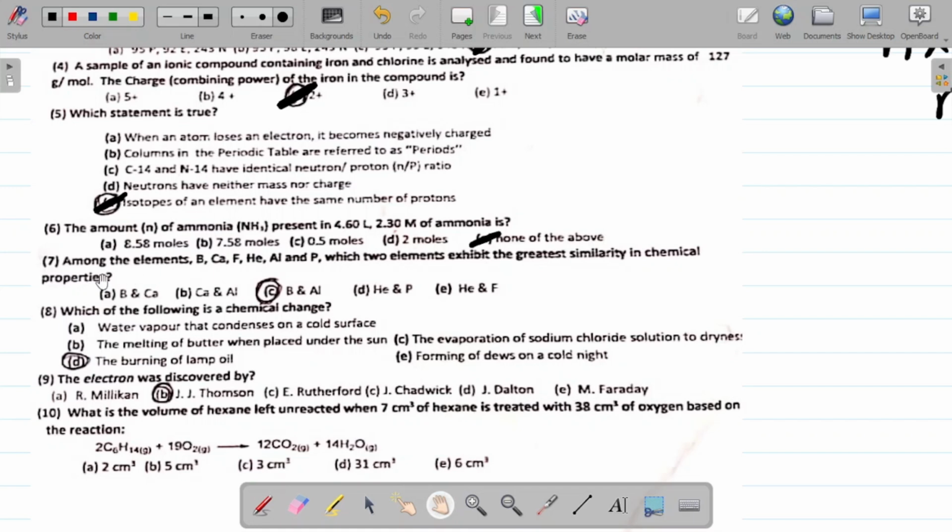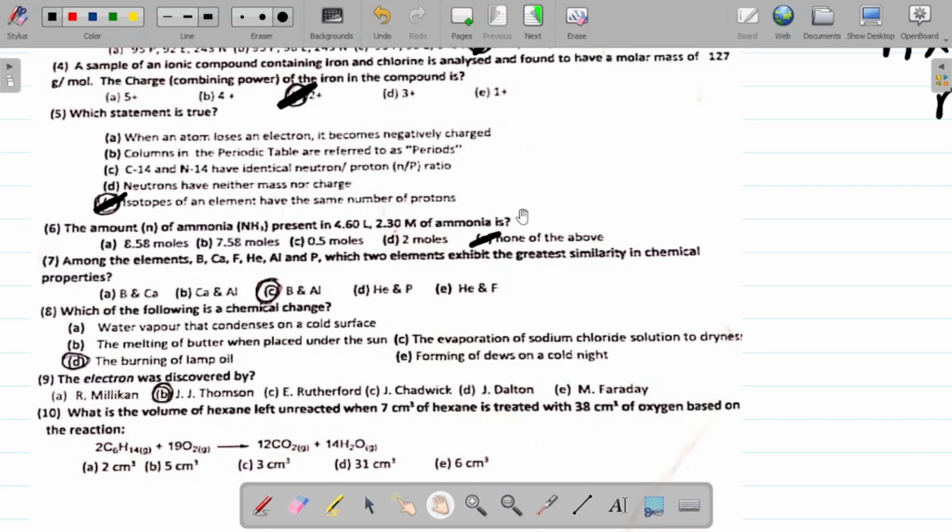So the next thing here, number 7 says, among the elements B, Ca, F, He, Al, and P, which is boron, calcium, fluorine, helium, aluminium, and phosphorus, which two elements exhibit the greatest similarity in chemical properties? All right. So how do we get the elements that exhibit the greatest similarity in chemical properties?